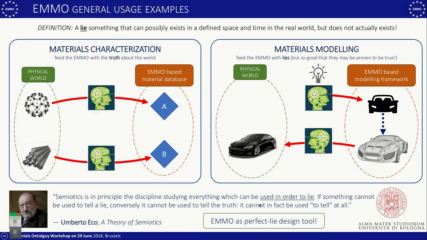So the EMMO is constructed to be a perfect lie design tool. It will help you to build the perfect lie, because what you say in the EMMO, even if it does not really exist, it can exist, because the knowledge that we infused in the ontology is so good, at least it should be so good, to make you build only truthful representations.